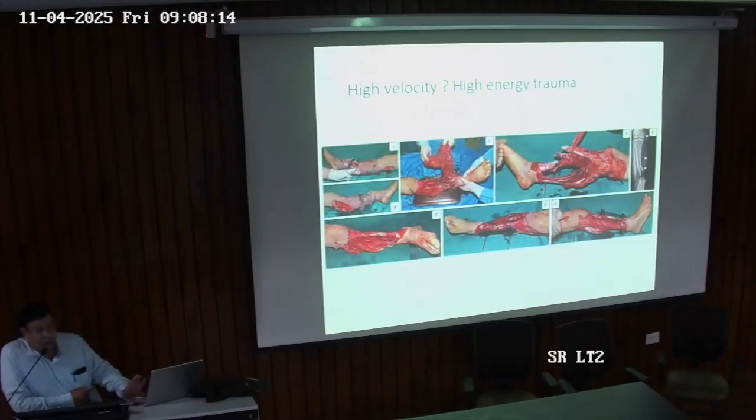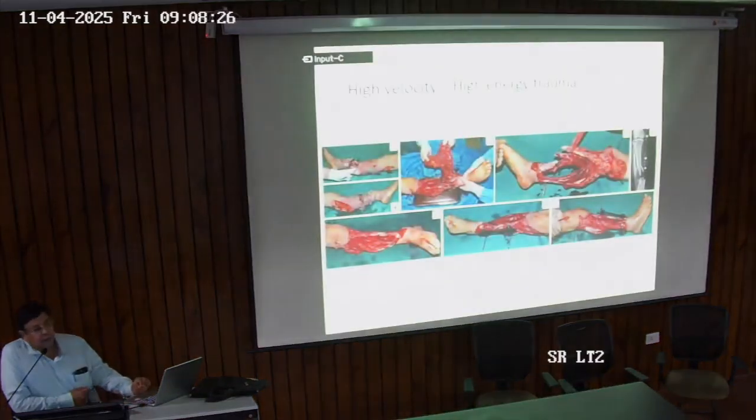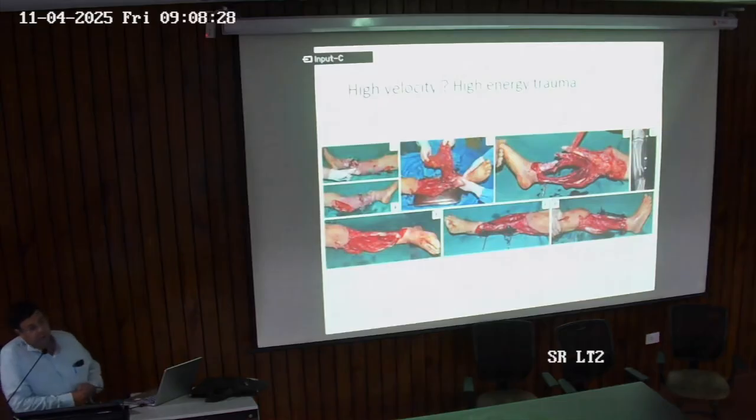This is a crush injury, with extensive damage to the soft tissue, and there is possible damage to the neurovascular structure: artery, nerve and vein.